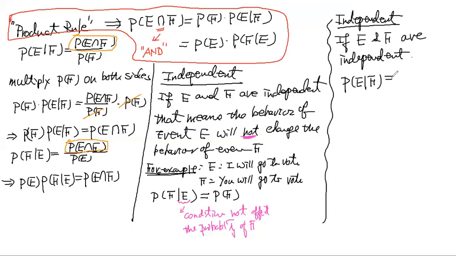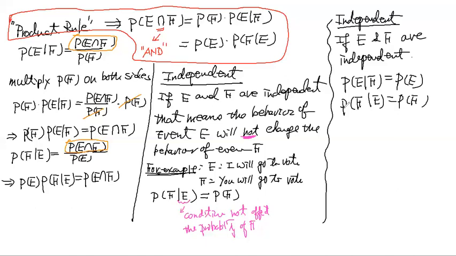Whether the condition happens or not has nothing to do with E, because they are independent, so this will just be P(E). If E will go vote, they will go vote; if E will not go vote, they will not. It has nothing to do with whether F goes to vote or not. That's what we call independent. In the same way, if E is the condition, then it doesn't matter, so P(F given E) will just be P(F).